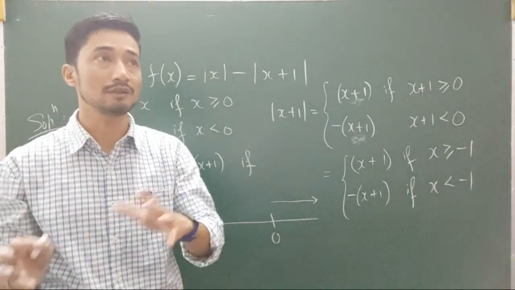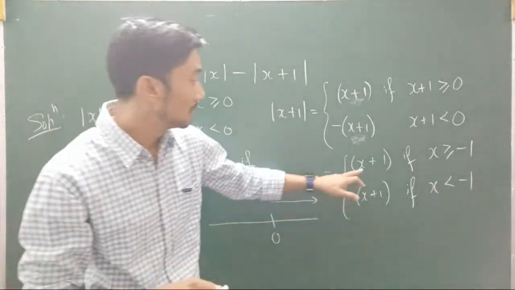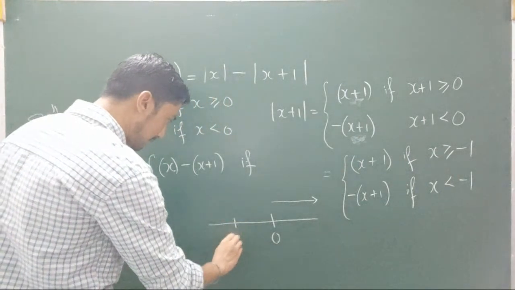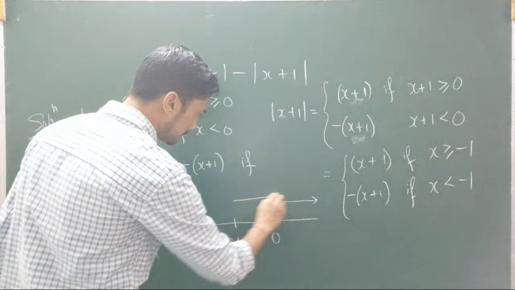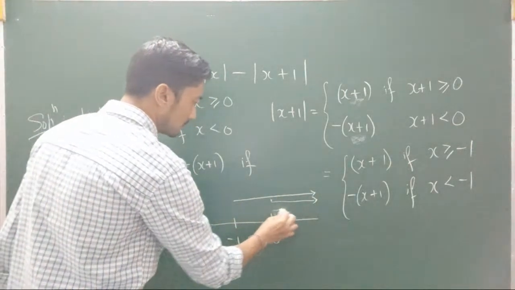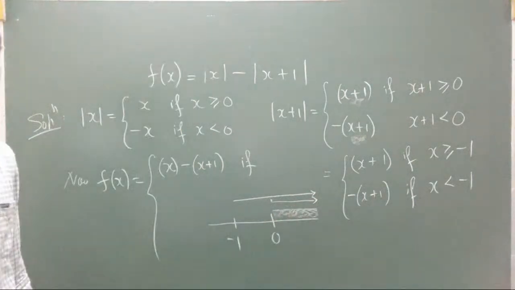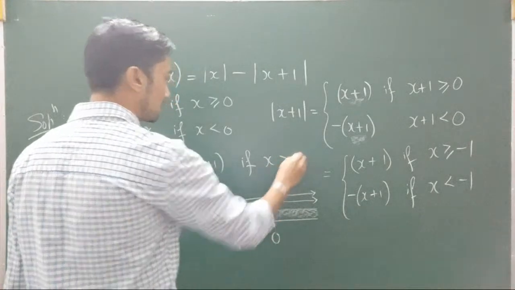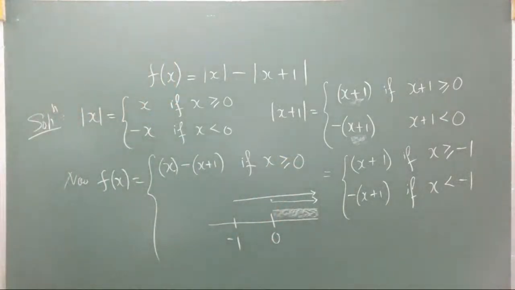From there, after that, I'll see if there is anything left. Here also positive if x is greater than minus 1. So what is the common region? This one. So in general, let's write down that is if x is greater than or equal to 0. Common region. Okay?